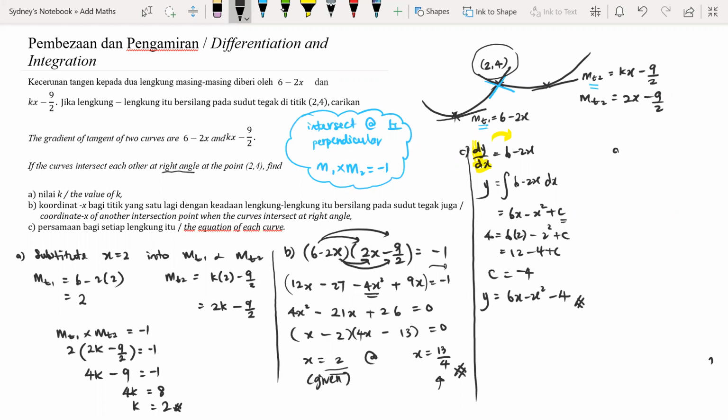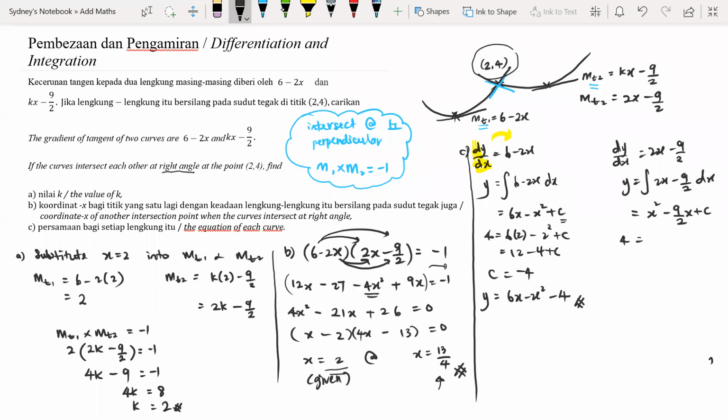On the other hand, dy by dx equals 2x minus 9 over 2. So y equals the integral of 2x minus 9 over 2 with respect to x. We will have x squared minus 9 over 2 x plus c. Again, substitute (2, 4) into the equation.